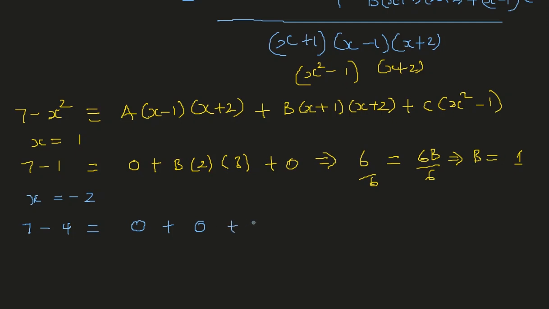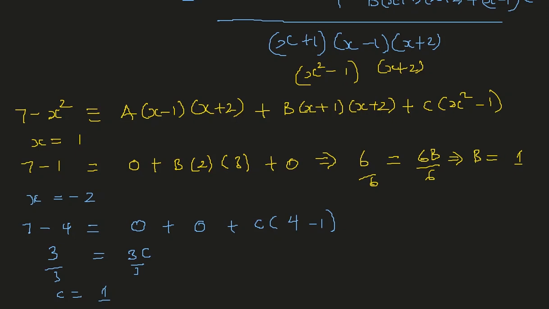And we remain with c into, our x is -2, when we substitute here, we end up with -2 squared, which is a 4 minus a 1. So when we subtract here, this gives us a 3, which is equal to 3c. So when we divide by 3, we end up with c as 1.